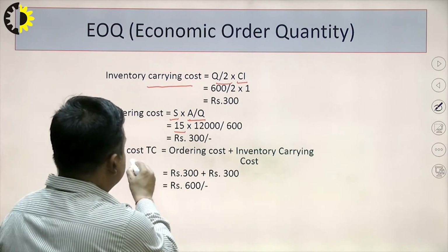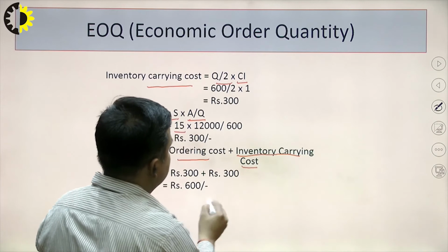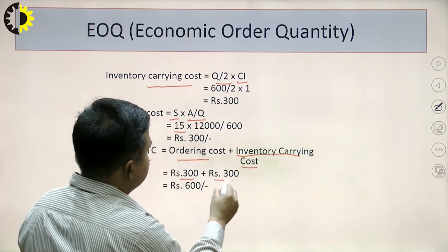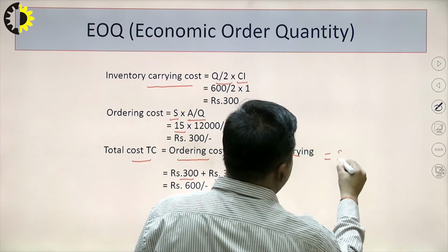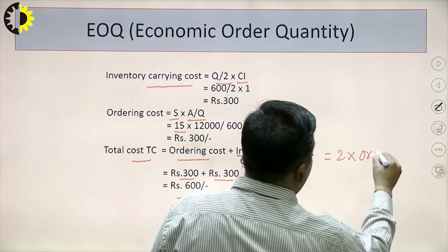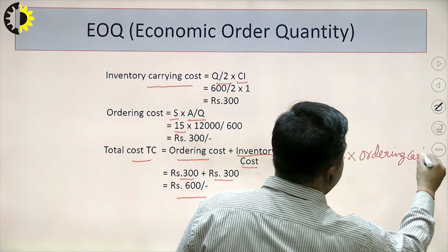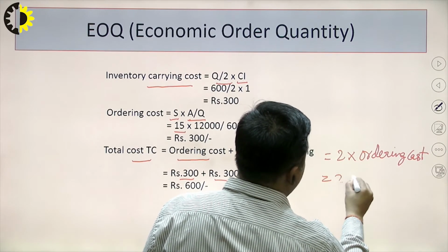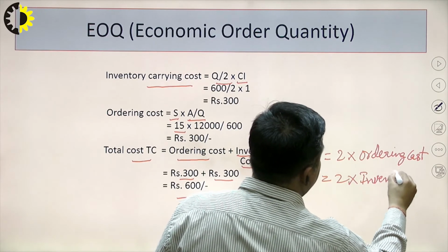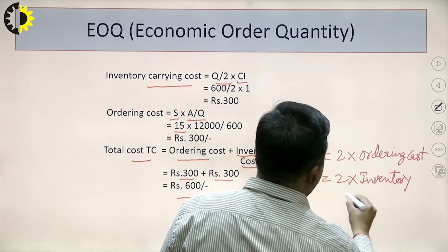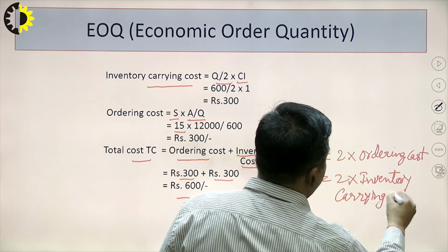So, total cost is equal to the ordering cost plus inventory carrying cost, that is 300 plus 300, or rupees 600, or we can say that it is also equal to 2 into ordering cost, or equal to 2 into inventory carrying cost.